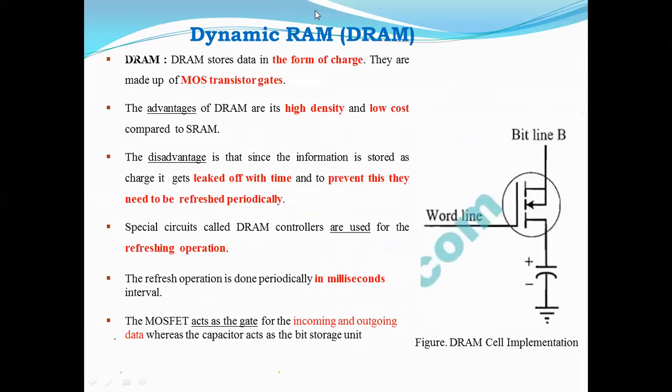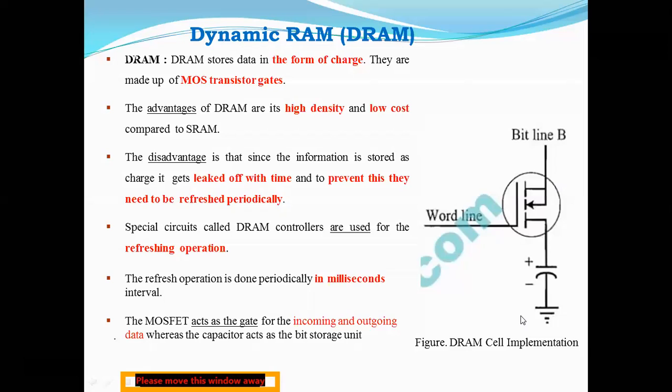You have a dynamic RAM. What is this dynamic RAM? The dynamic RAM also uses a transistor, but you can see here a capacitor is there. Whenever the data is there, the transistor just allows the data to enter. But who is storing the data?